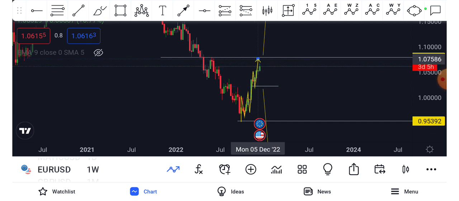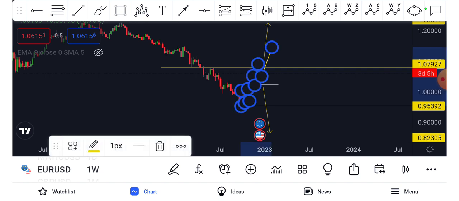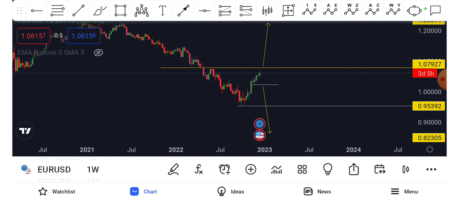If we break here, then it shows that on the monthly time frame, we are in an uptrend. All you just need to do is wait for a pullback and you take it to the moon. Simple as ABC. That's how you're going to trade this pair.